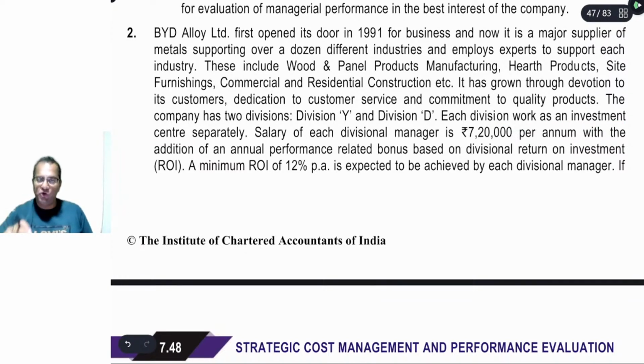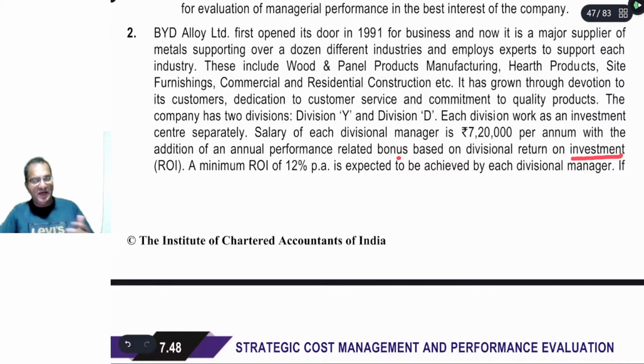Means full autonomy has been given to that particular department Y and D to make their investment decision on their own, and at the end of the period, company will evaluate their decision based on either ROI or RI. Salary of each departmental manager is 7,20,000 per annum, with the addition of annual performance related bonus based on divisional ROI.